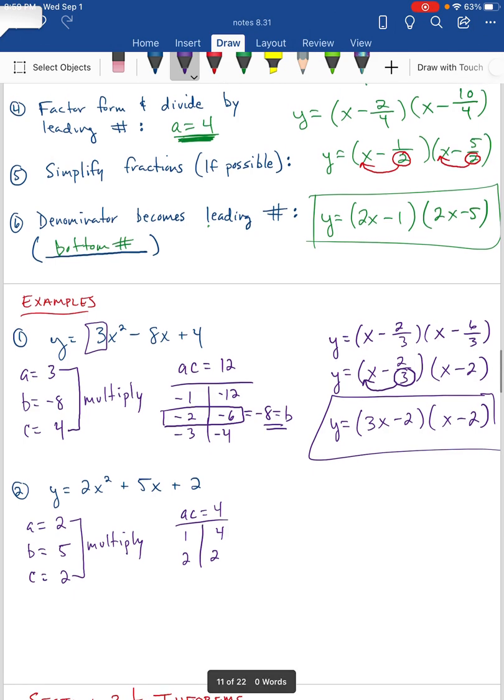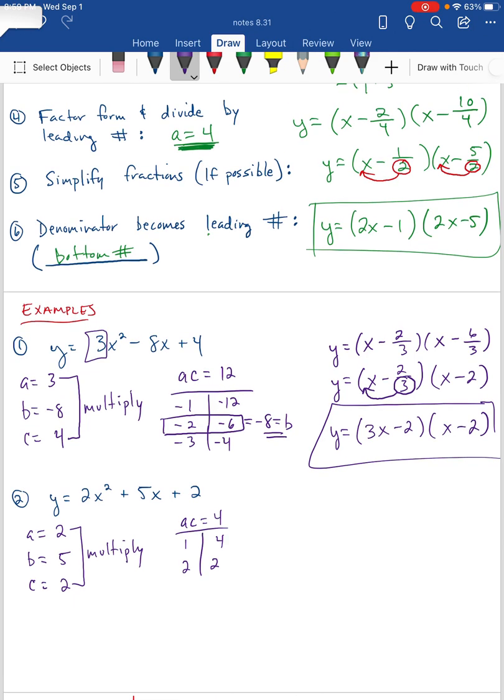So here my AC is positive, my B is positive, so that means both of my factors will indeed be positive. Now the pair of factors that will add up to give me 5 is the first one. And again, I want 5 because that is my B value.